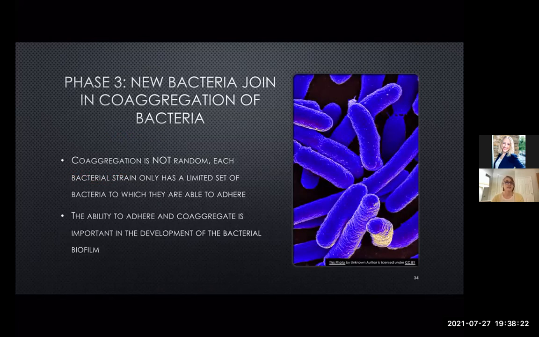Each bacterial strain has a limited set of bacteria that they can adhere to. So they're seeking out specific bacteria that they can adhere to easily, and the ability to do this is really important for bacteria and for the formation of those colonies in biofilms.